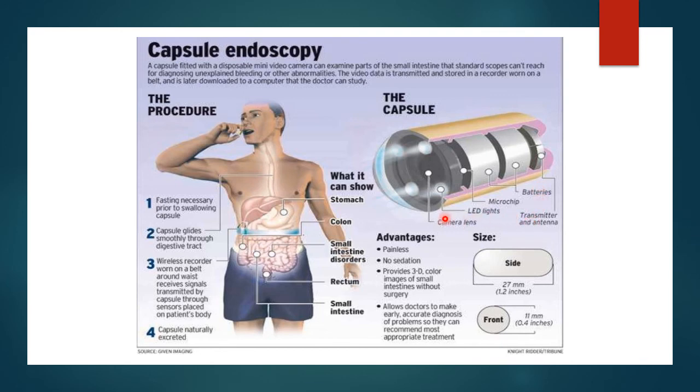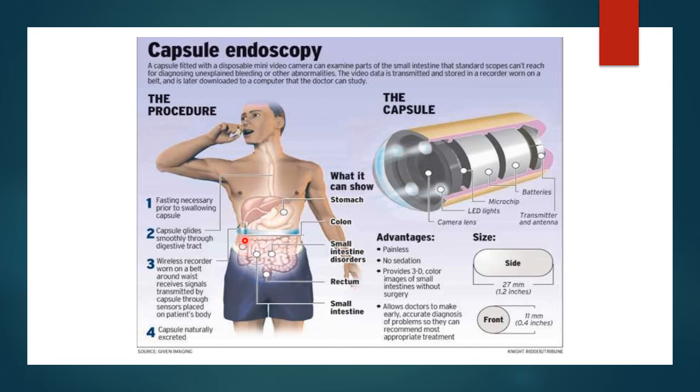It is a complete photographic system. Then he swallows this, and this capsule travels throughout the intestinal tract from the mouth right until the anus. Then it is excreted in the stools.